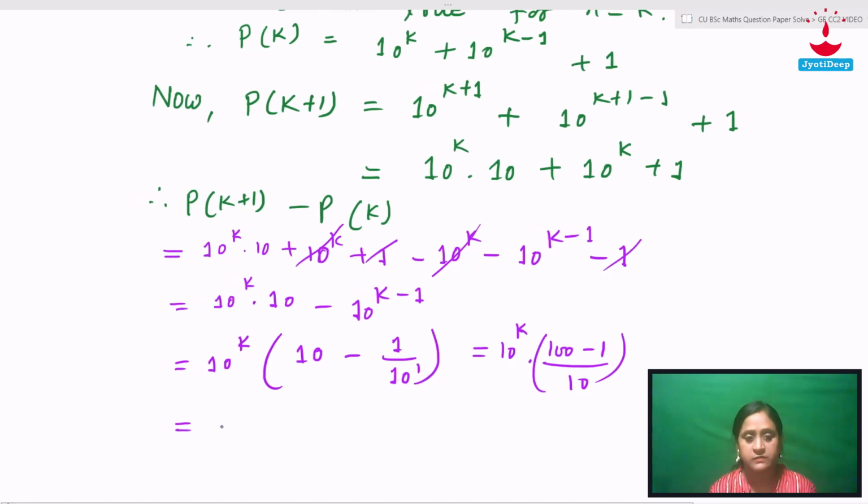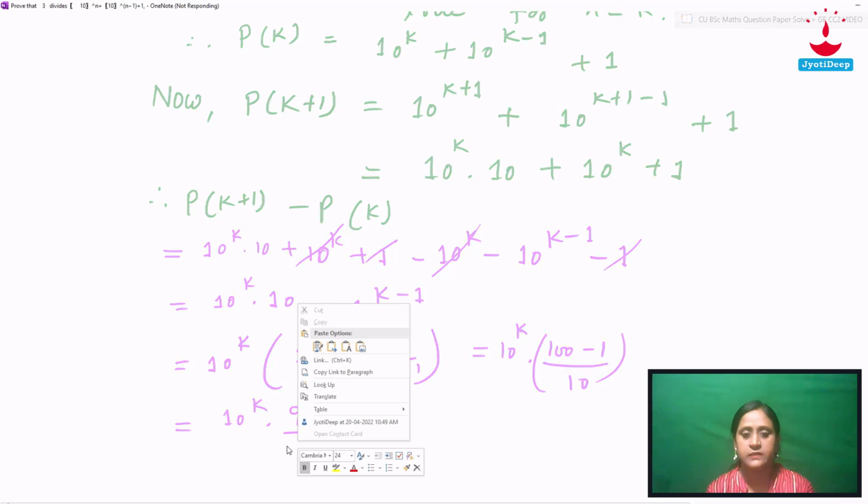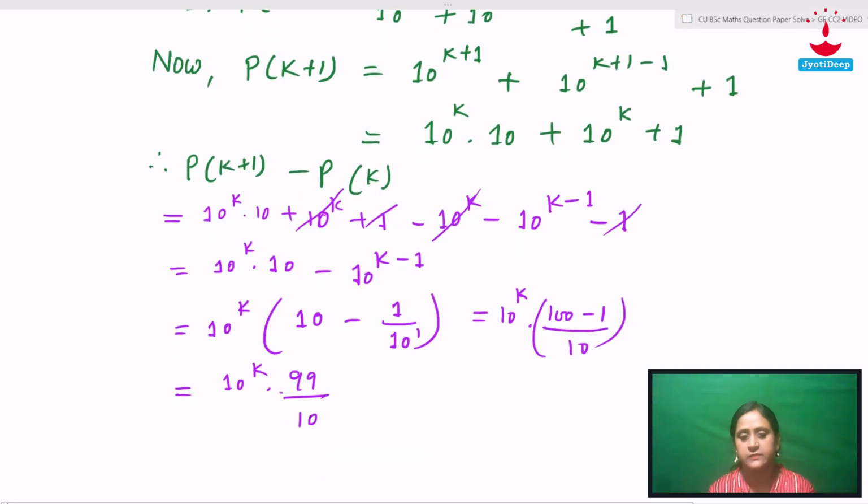This is equals to 10 to the power k into 99 divided by 10. Okay. So this is divisible by 3.